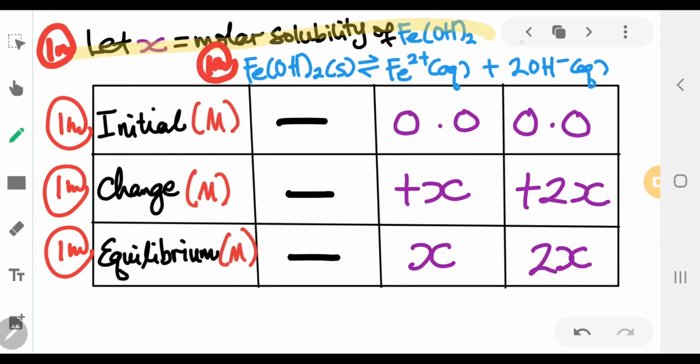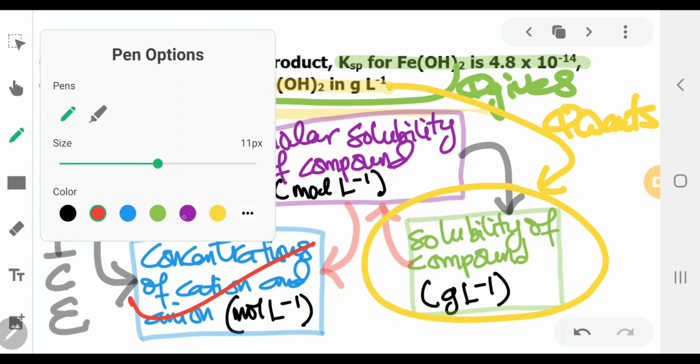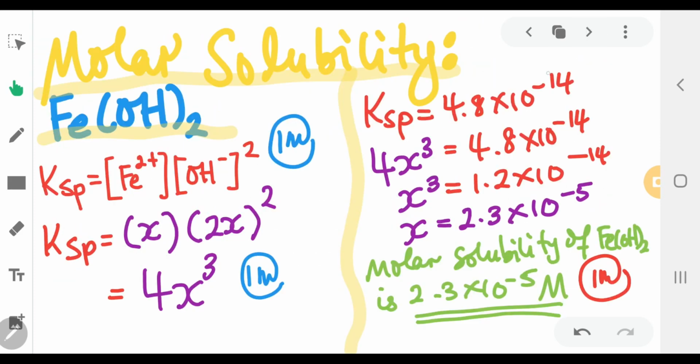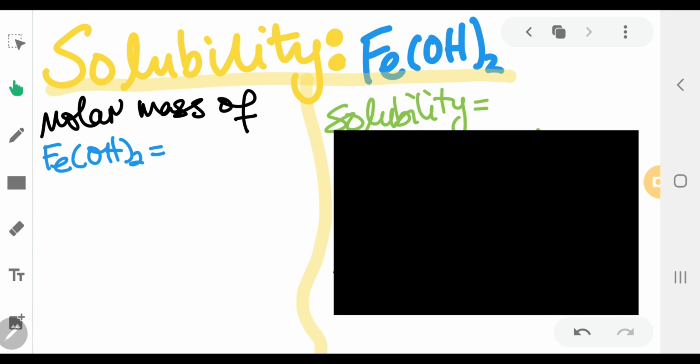Now, so we're done with this. Next, we're going to move from molar solubility to the solubility of the compound in gram per liter. And how do we do that? We have this value already.